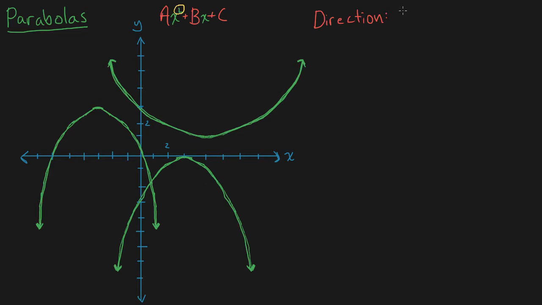So parabolas can open up or down. They can also open to the left and to the right, but for our purposes right now, we're just looking at parabolas that open up, like this example here opens up, or these two examples here, which open down.